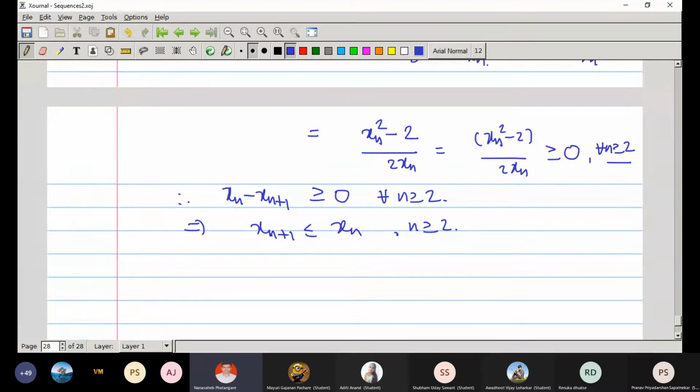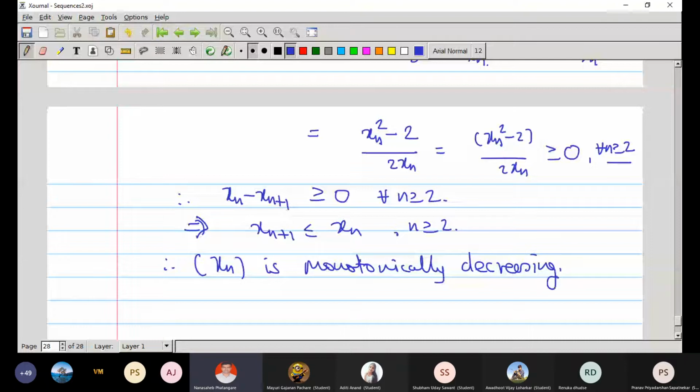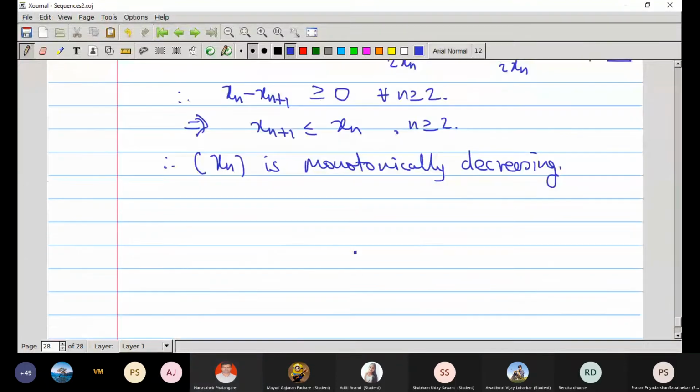Do you understand what I want to say? Yes, sir. Right, so we are not worried about the first term. So certainly after the second term onwards, terms are decreasing, and therefore I can declare that xn is monotonically decreasing. Correct? Yes, sir. And already we have verified that it is bounded below.